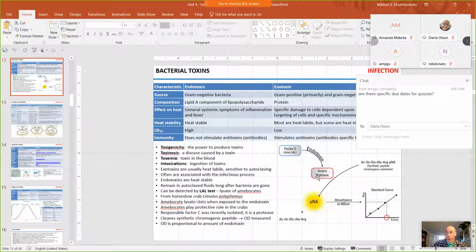And this protease, the enzyme, breaks down a so-called chromogenic substrate. When this molecule is broken down by the protease, it starts to produce luminescence. It starts to shine, quite literally. The more toxin, the more protease, the more light, so you can build a standard curve and find the concentration of endotoxin in your sample. So it's really a quantitative and convenient method.